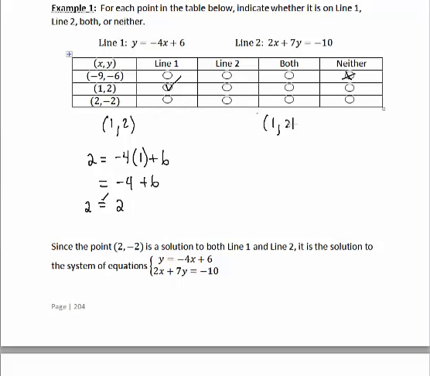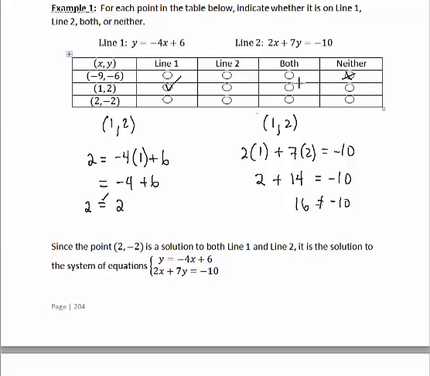What about line 2? Same ordered pair, different equation. We have a positive 1 and 2 for x and y. X is multiplied by 2. The y is multiplied by 7. We get 14. 2 plus 14 is 16. And the two sides do not equal.